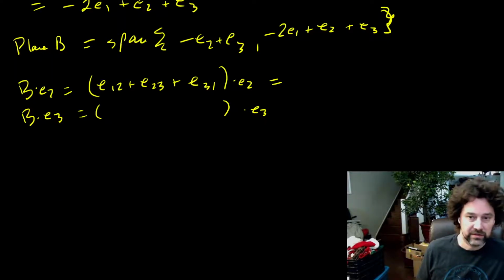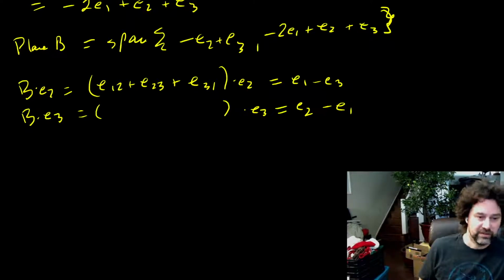Here we get e1 minus e3, and here we get e2 minus e1.